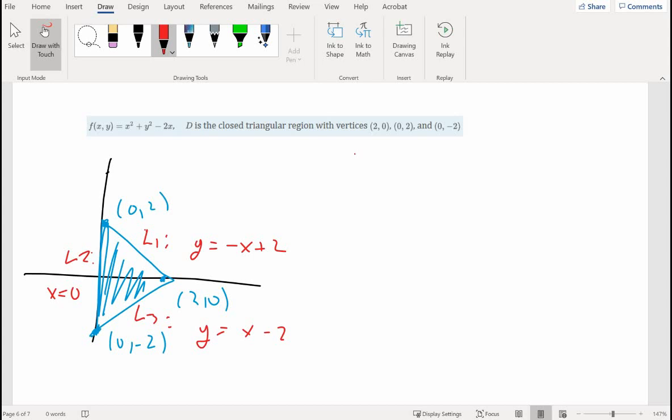So along L1, what we're looking at is this function. We'll substitute negative x plus 2 in for y.